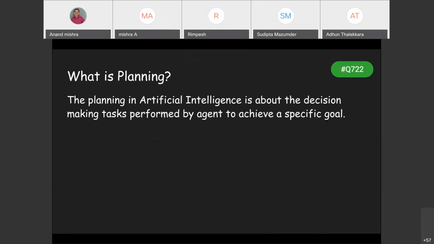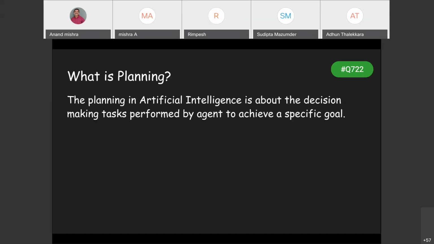But problem solving and planning, these two things are slightly different, right? Planning is not just problem solving, but much beyond that. And we'll see what this is. In the next couple of lectures, we will be clear on what the real difference is between search or problem solving versus planning, right? So planning in artificial intelligence is about the decision making tasks performed by the agent to achieve a specific goal, right?